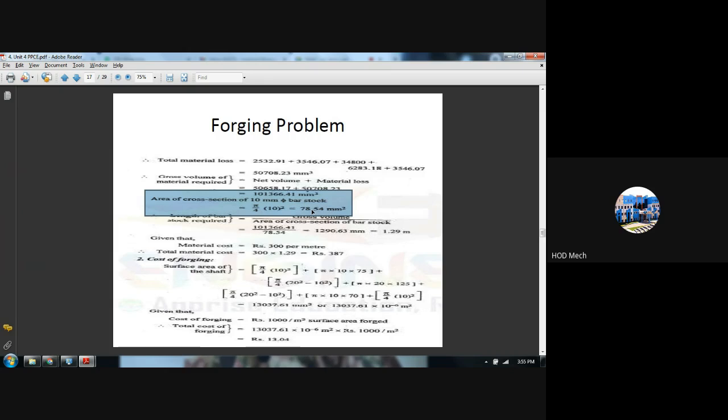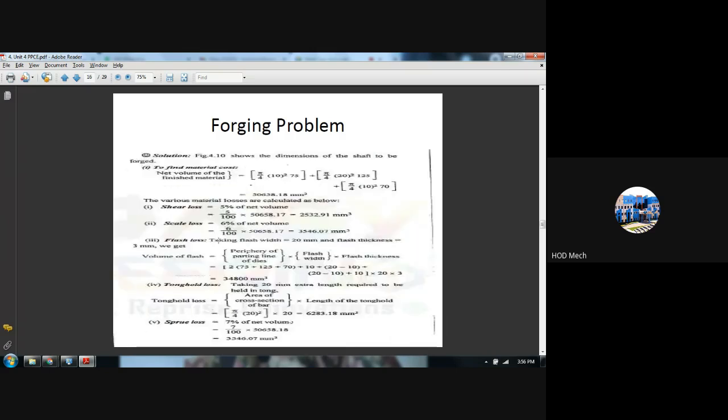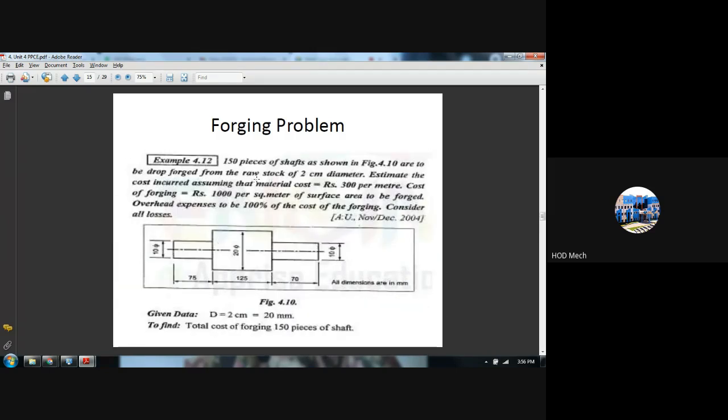So this value I divide by the volume. When I divide, I am getting 1.29 meters. Right, 1.29 meters. Now I am calculating the material cost. ப்ராப்ளம்ல material cost கொடுத்திருப்பா.